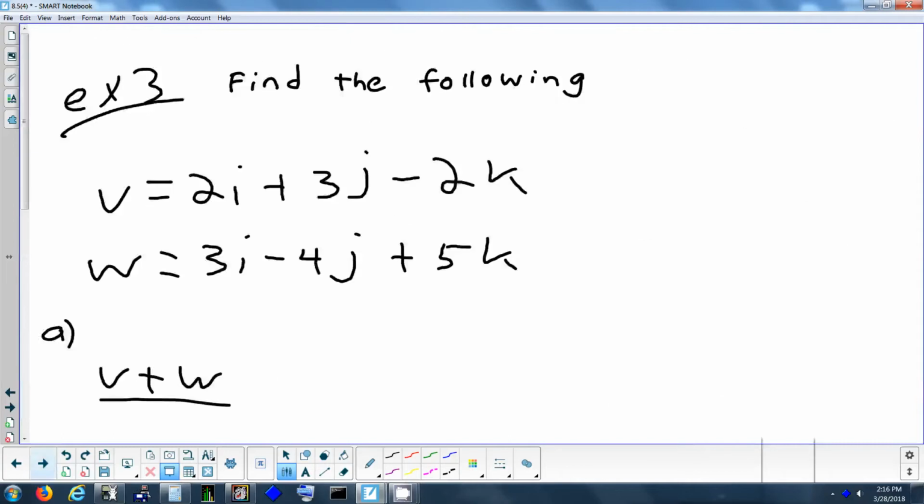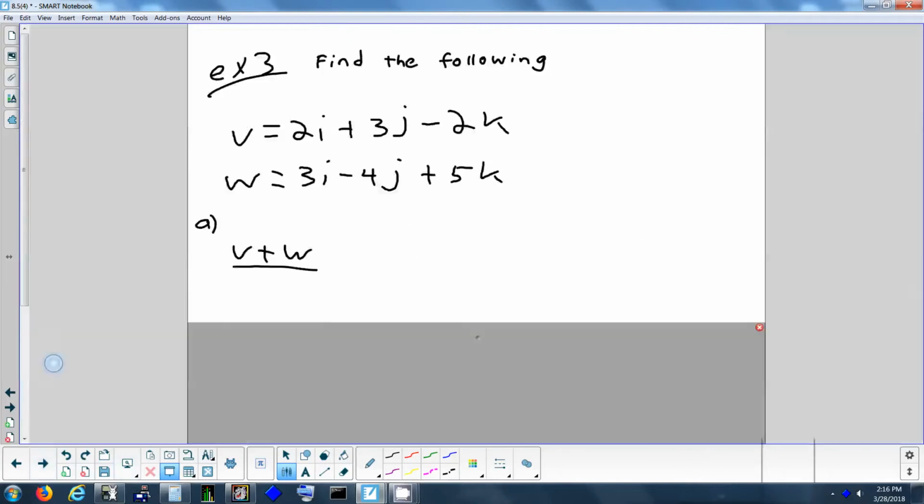All right. So here's our two vectors. Let's add them up first. Okay, so just think of it as combining like terms. The i's, the j's, and the k's. Okay, so Tanya, if I add those vectors up, what would I get? Just the final answer when I add those up.